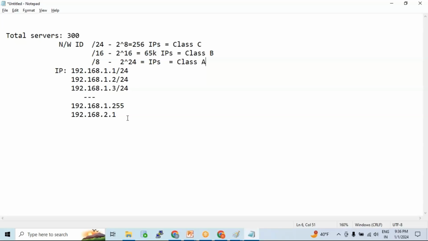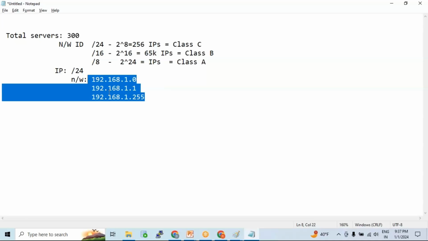I will give you some examples now. If I go with the /24, the example network ID will be like this: 192.168.1.0 is the network ID. The IPs will be like this: 192.168.1.1 to 192.168.1.255.